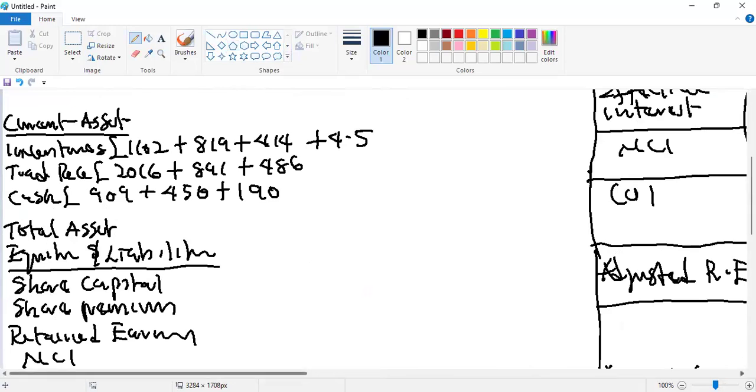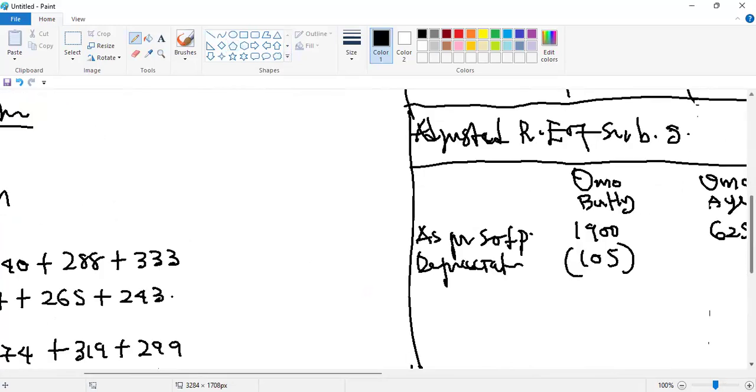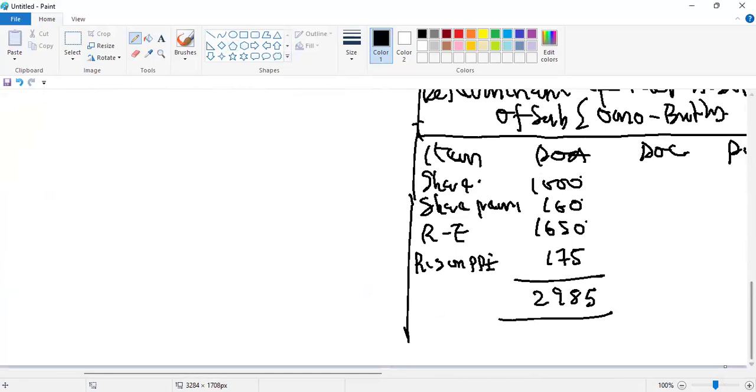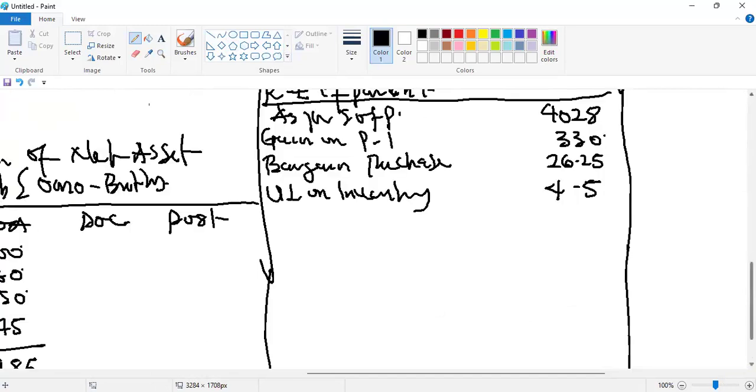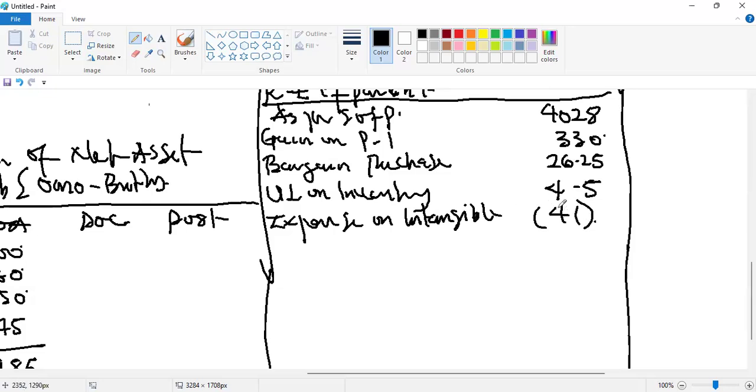Retained earnings of the parent need to be expensed with the value of what? Expense on intangible, 41. Expense on intangible of 41, I will debit. That's all.